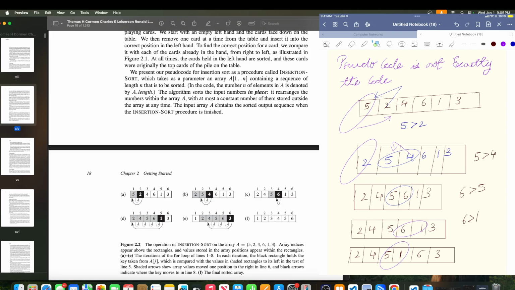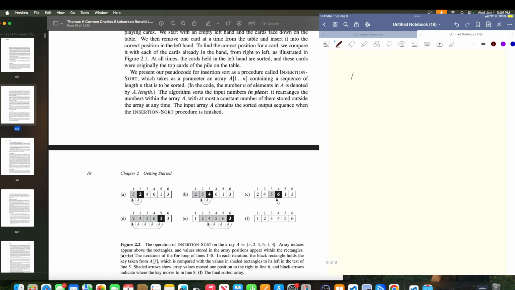Even with 4 it is also not proper. Here we say 1 is less than 2, 1 is less than 4, 1 is less than 5. So it is shifted to the starting index, and I'll have 1, 2, 4, 5, 6, and 3.